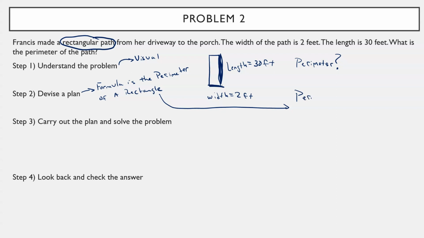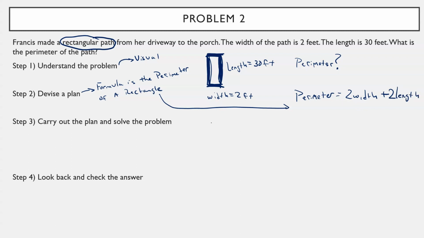Well, if it helps to just see it, what a perimeter means would be like if I were to walk around every side of the path. Well, let me ask this. How many times are you walking the width? Twice. So the perimeter here would be twice the width, 2 times the width. And then you would also be walking the length twice, plus 2 times the length.